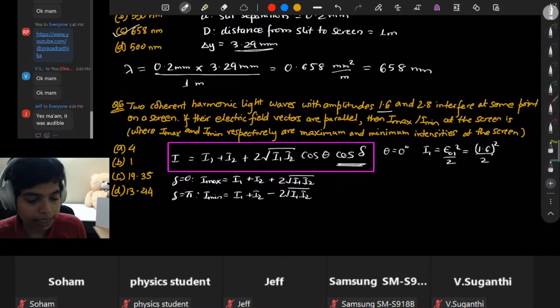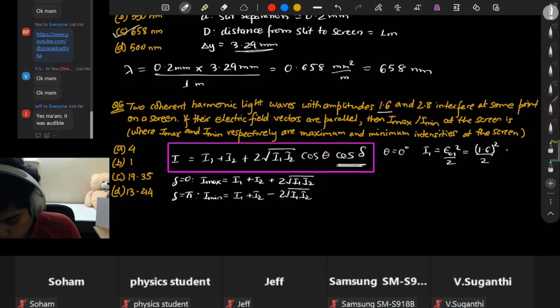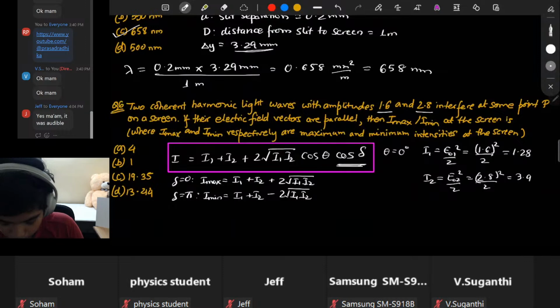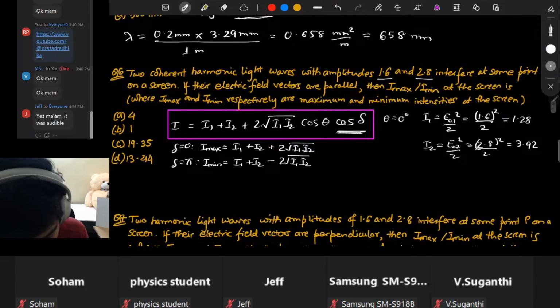Let me pull out my calculator. That gives me 1.28. Similarly, I2 is E naught 2 squared by 2, with E naught 2 being 2.8, so it is 2.8 squared over 2. Again, on the calculator, that gives me 3.92.